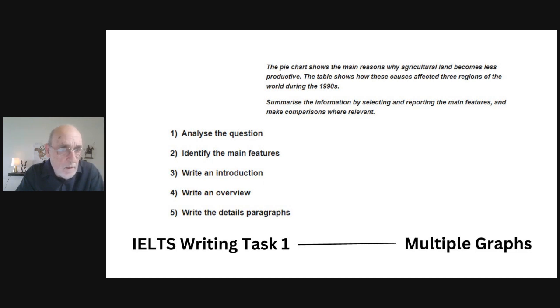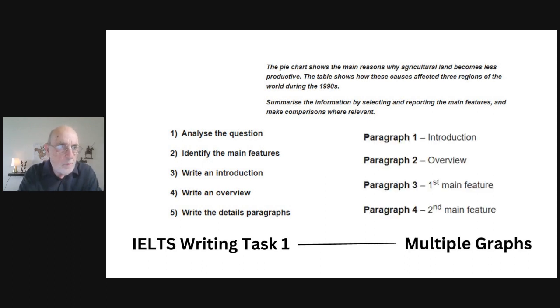So as you follow these steps and you complete the task and write your essay, your final essay will have 4 paragraphs. You'll have an introduction. In the second paragraph, you'll have an overview or summary of both the graph and the chart together.